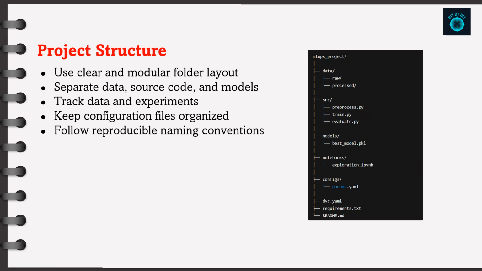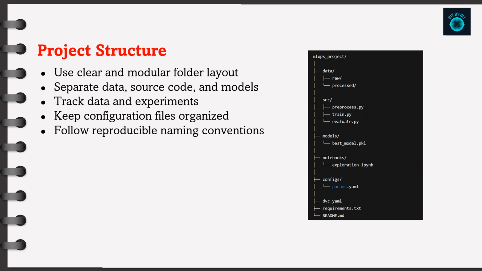In the example, at the top level, we have the project folder named MLOps_project. Inside it, the data folder has subfolders for raw and processed datasets. The SRC folder contains scripts for pre-processing, training, and evaluation. The models folder stores serialized model files such as best_model.pkl.